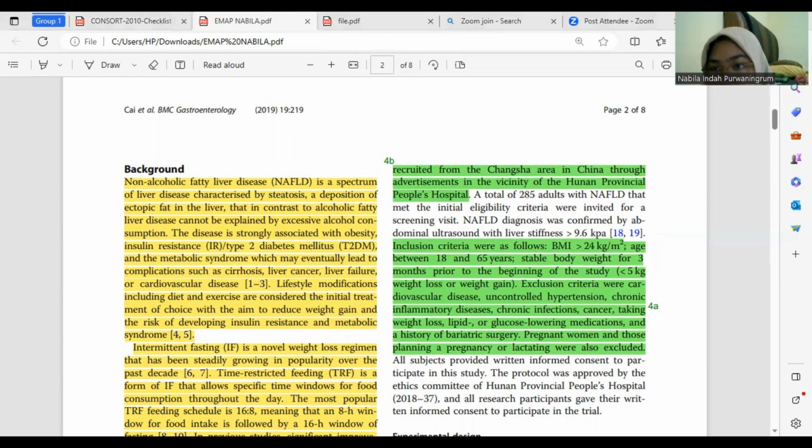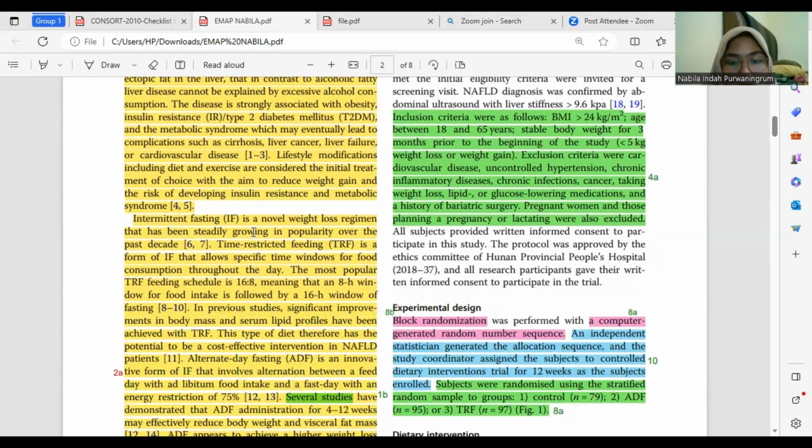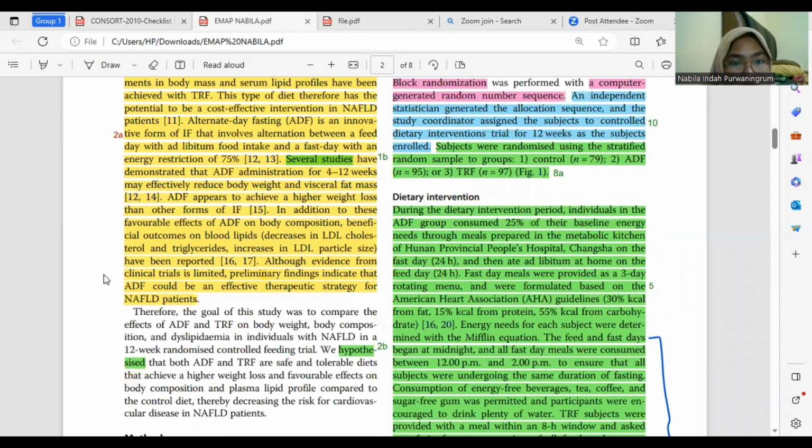Remember, it's only the general outline. We can see here that the authors are explaining to us the rationale of this article. We can see it here in the background.